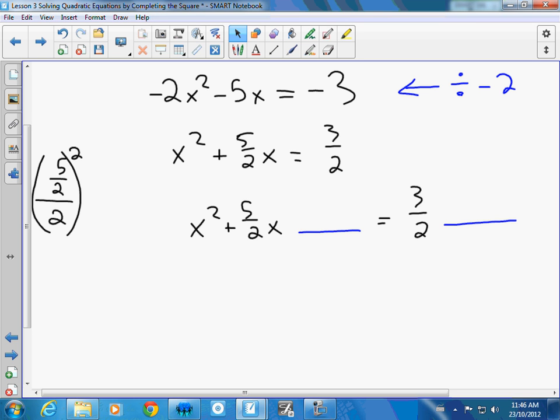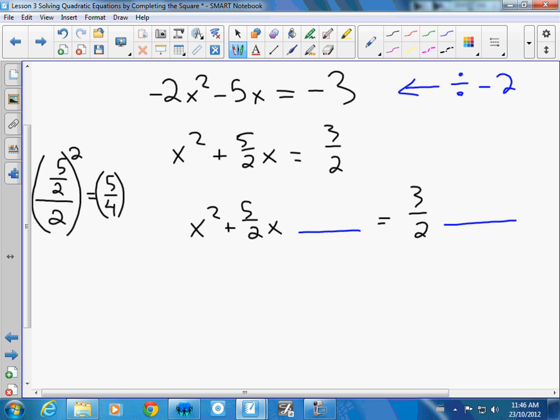But watch. If you don't like 5 over 2 divided by 2, you can write it a different way. 5 over 2 times the reciprocal. Oh, well, that's easy. 5 over 4. So that equals 5 over 4 squared.